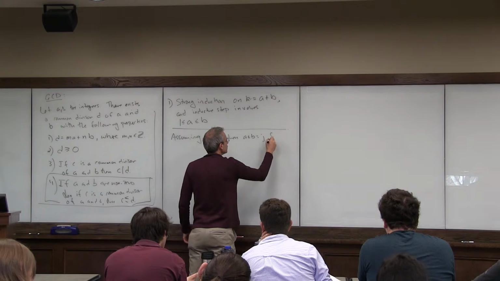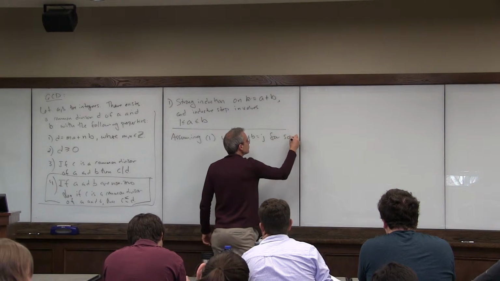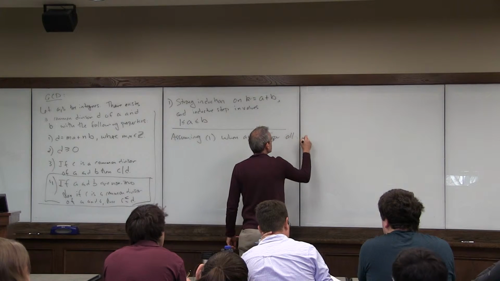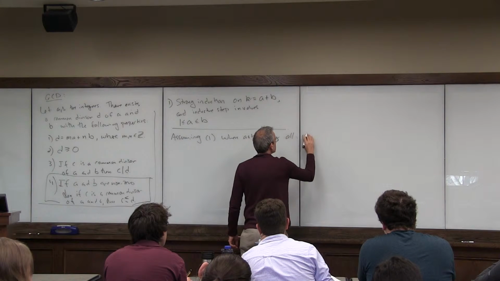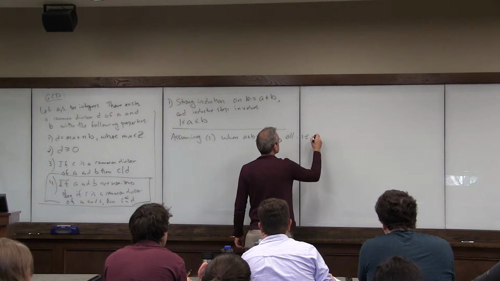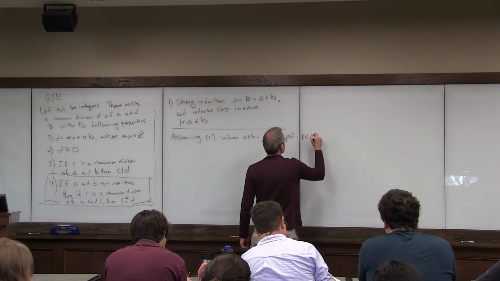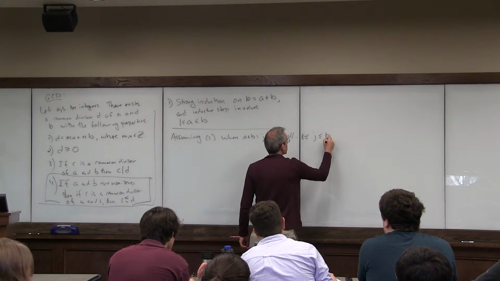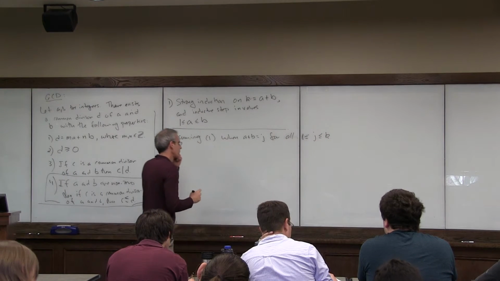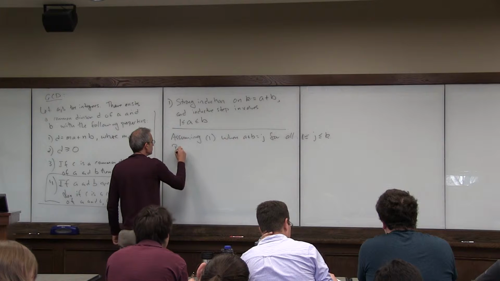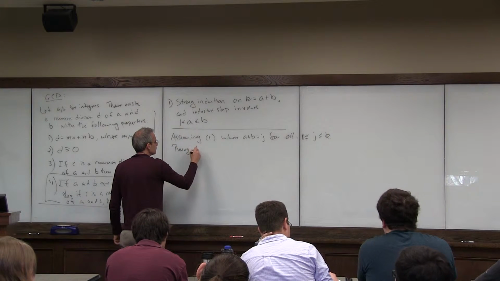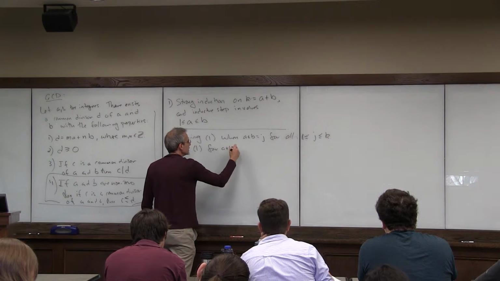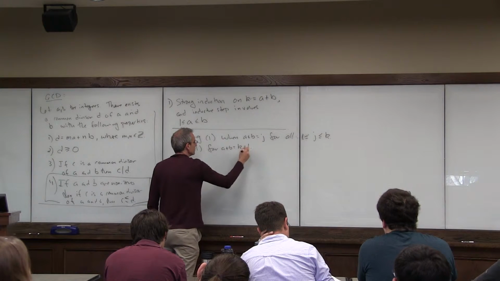So for any J between 0 and K. And we're proving it for A plus B equals K plus 1.